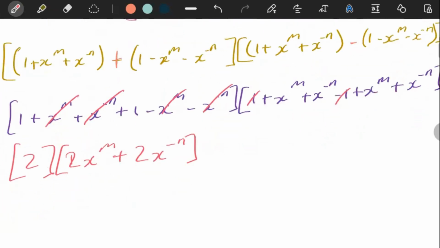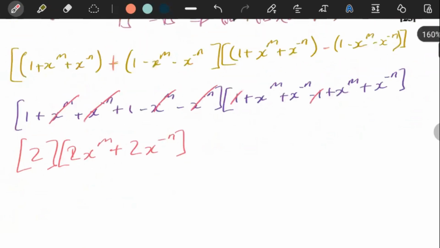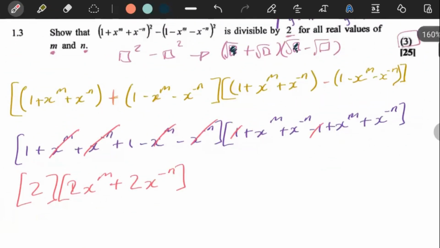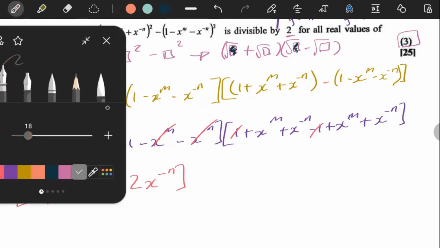So this is good enough to say that our number will always be divisible by 2, regardless of what m is, regardless of what n is. Because if you think of the big bracket, whatever this big bracket gives you, you're going to multiply it by 2, you see. So it means that your answer will always be divisible by 2.